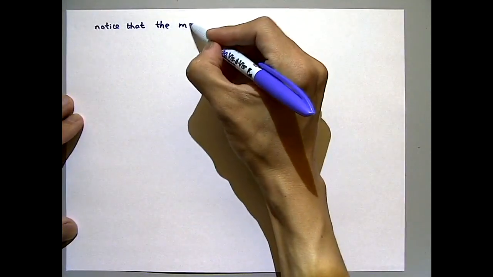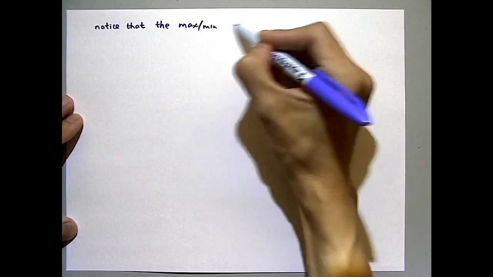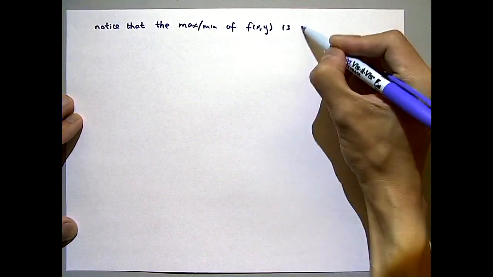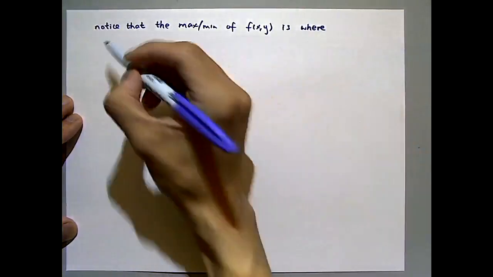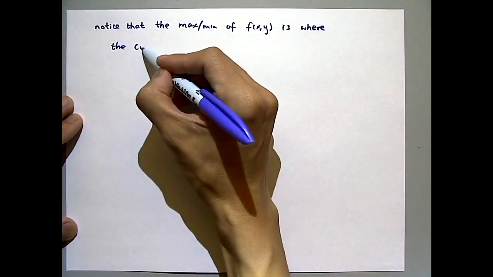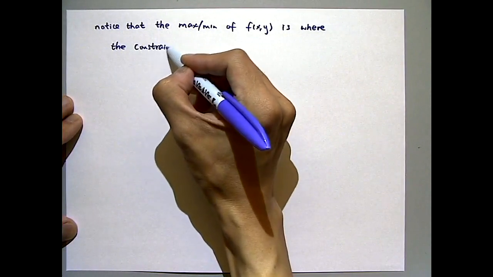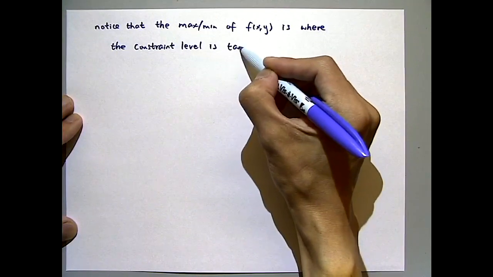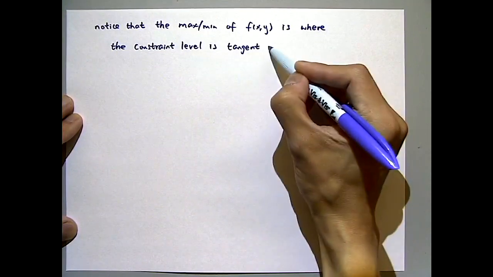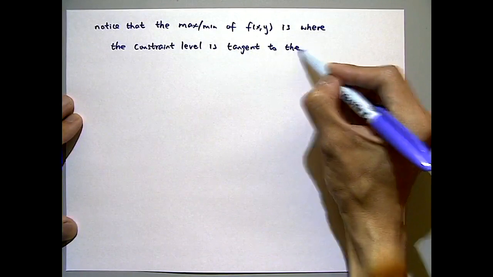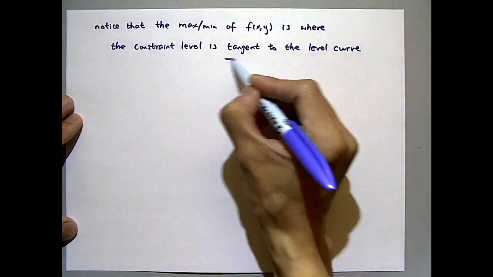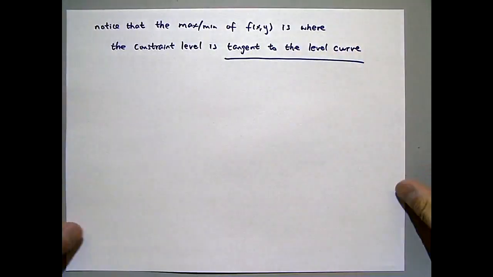Notice that the max or the min of f of x is where the constraint curve is tangent to the level curve.